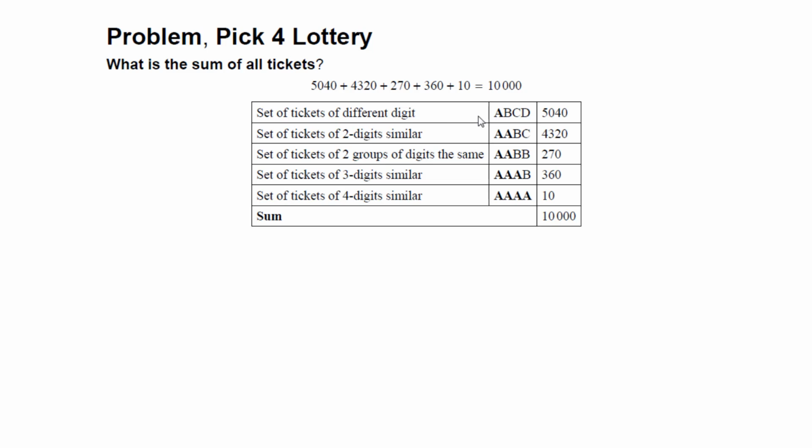So we are going to summarize all of these sets in this table here. A set of tickets of different digits, set of tickets of 2 digits similar, set of tickets of 2 groups of digits the same, set of tickets of 3 digits similar, and set of tickets of 4 digits similar, and their corresponding number here, and their sum is 10,000.